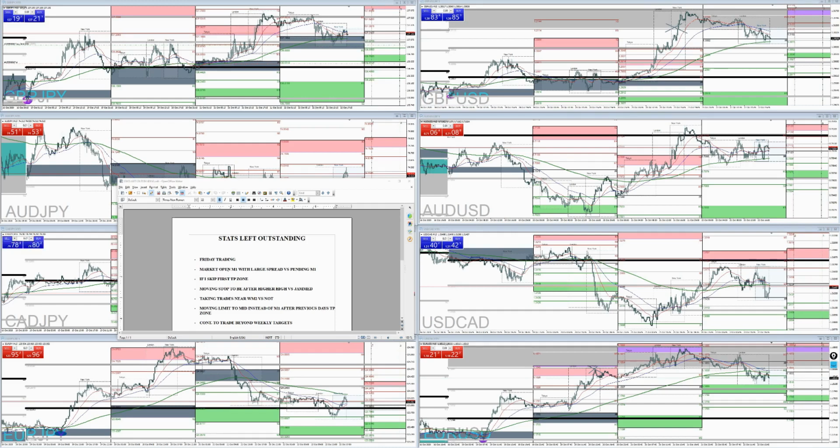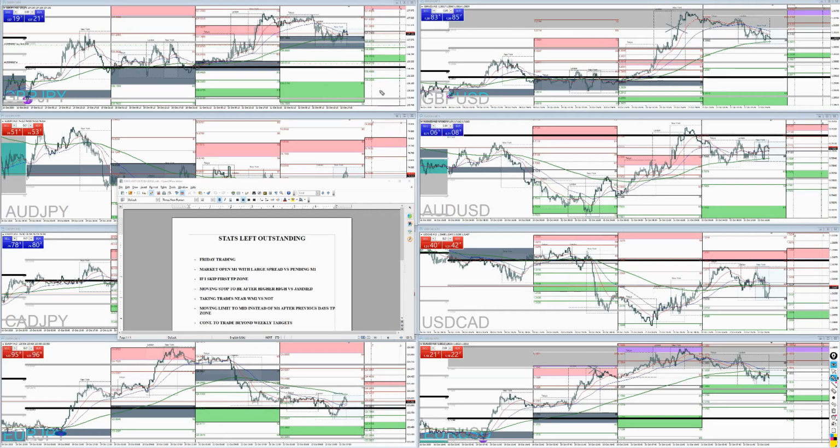Over here I have market open on M1 with large spread. So I ran into a situation where, for example, let's go ahead and pull up my pen here. It actually opened right in here.